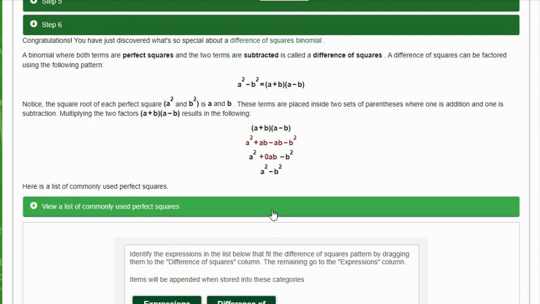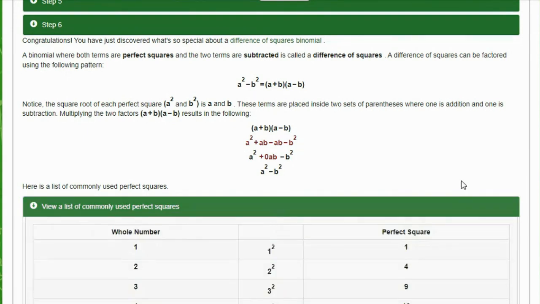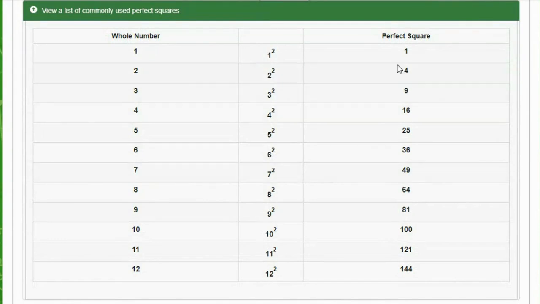Now this might be useful if you need a chart. If you know your multiplication tables, you don't need this. If you don't, here's some common numbers that you should recognize are perfect squares. Anytime you see those numbers, you should go, oh, are these both perfect squares? So, 1, 4, 9, 16.